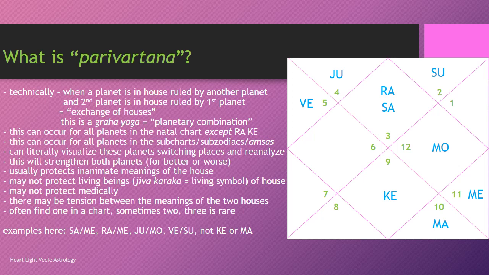So if we're just assuming this is a natal chart, basically Saturn is in a constellation ruled by Mercury, and Mercury is in a constellation ruled by Saturn. So you can exchange Saturn and Mercury in this chart. You have an exchange between the third house and the ninth house.